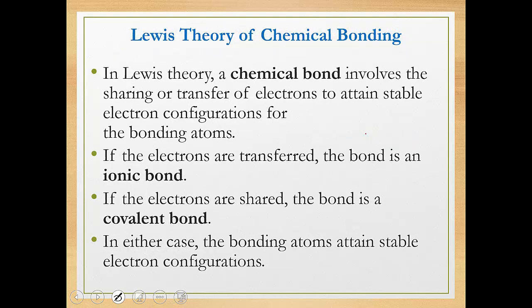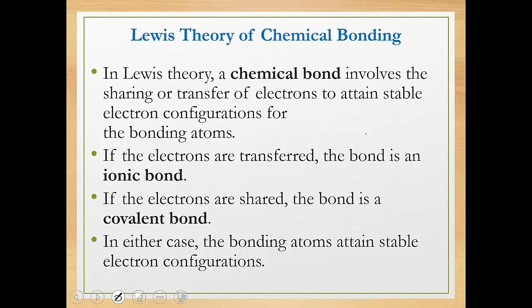Now, how do we use this idea of these Lewis structures for elements to represent chemical bonds? How do we bring them together? In Lewis theory, a chemical bond is going to be the sharing or transfer of electrons between these atoms to get that stable electron configuration, to get that noble gas configuration.